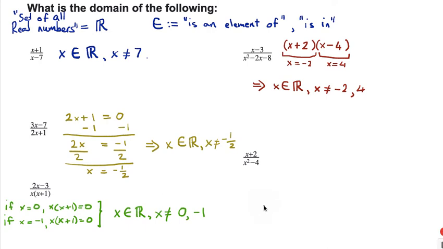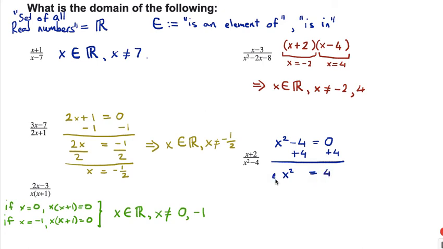So let's take a look at this last example as well. We're looking for the denominator to be equal to 0, so let's set that equal to 0. x squared minus 4 equals 0. If we add 4 to both sides, we get x squared equals 4.